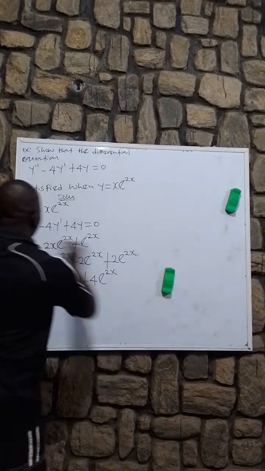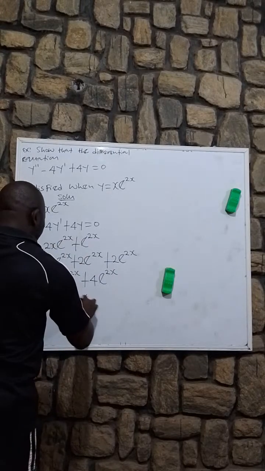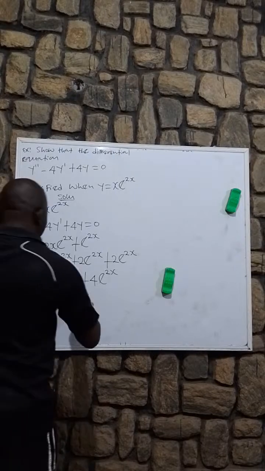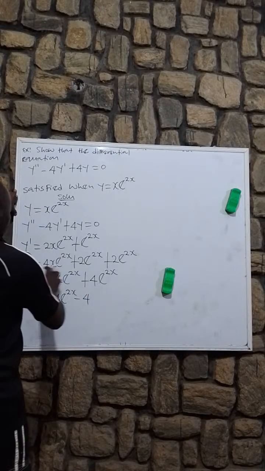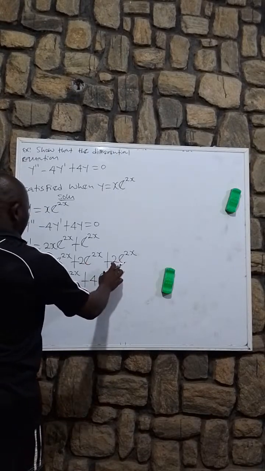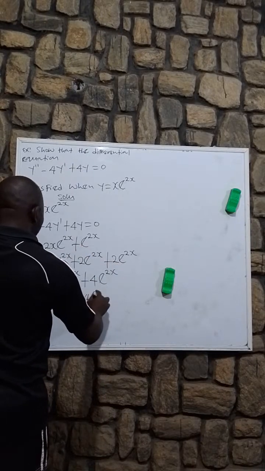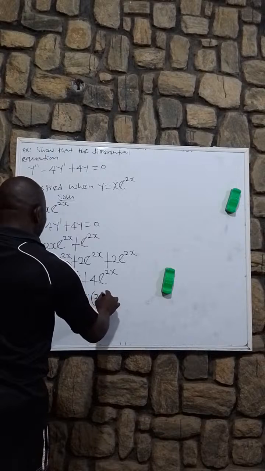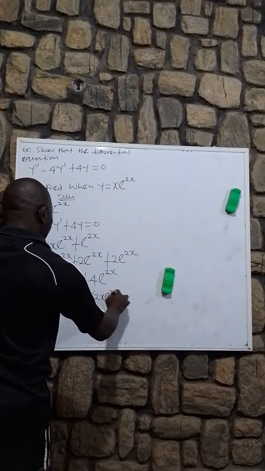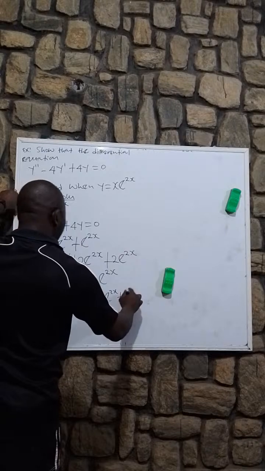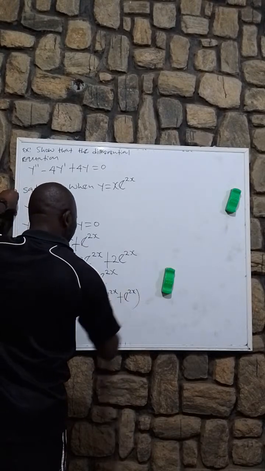So instead of y double prime, we write 4x exponential 2x plus 4 exponential 2x. Then minus 4 y prime, which is open bracket 2x exponential 2x plus exponential 2x close bracket.